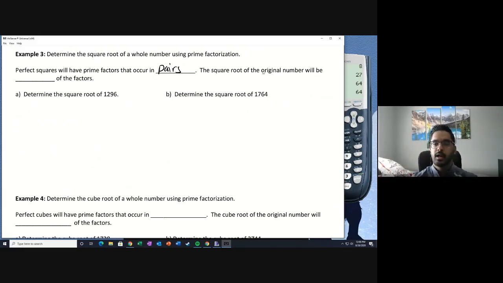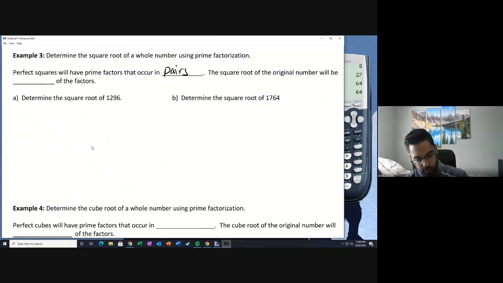Okay, the square root of the original number will be, and I have to make a little edit here. I wasn't fond of how it's worded, so we're going to cross that part out, and we're going to fill it in down below. So the square root of the original number will be the product of one prime factor from each pair.